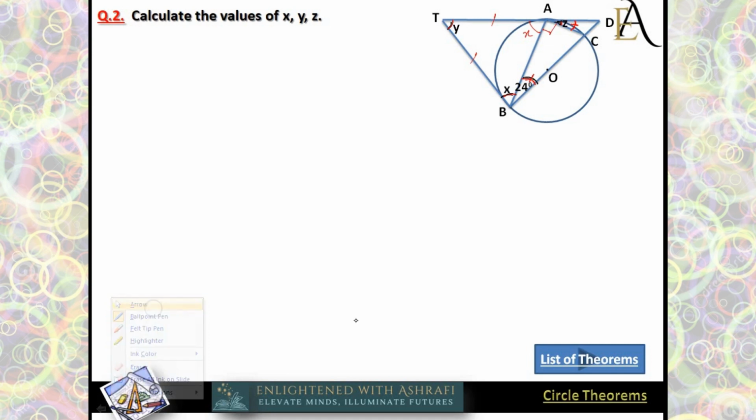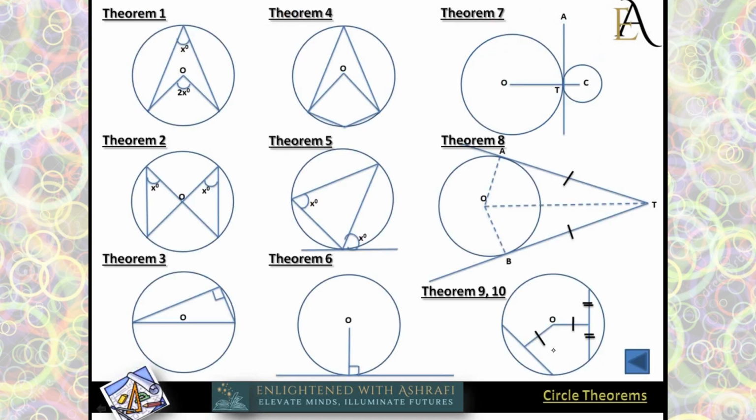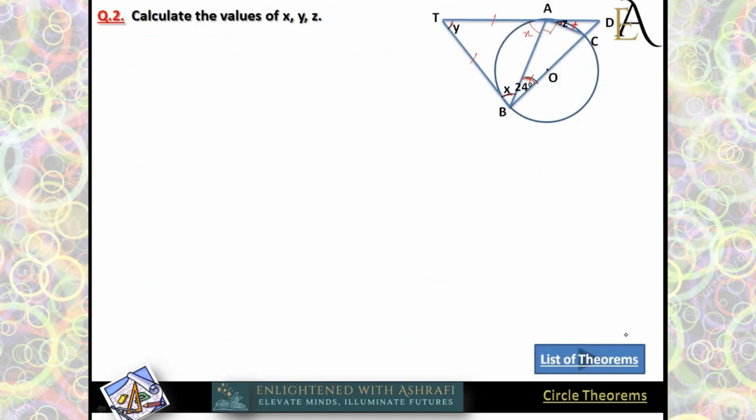Okay, so let's start. We got the solution. If anything is required, we can have it over here. So we'll be using theorem 8, theorem 6 and theorem 3 over here, and theorem 5, not to forget. Okay, so let's start.